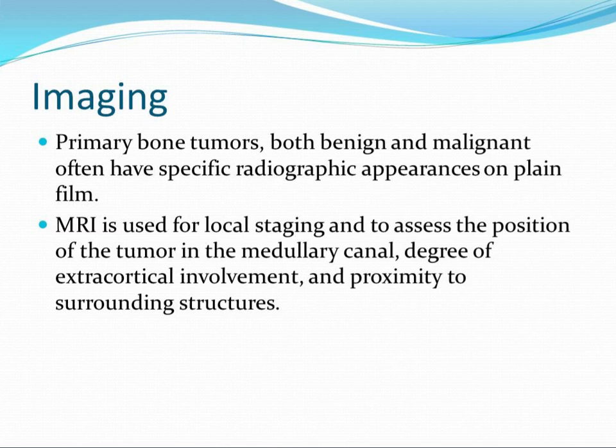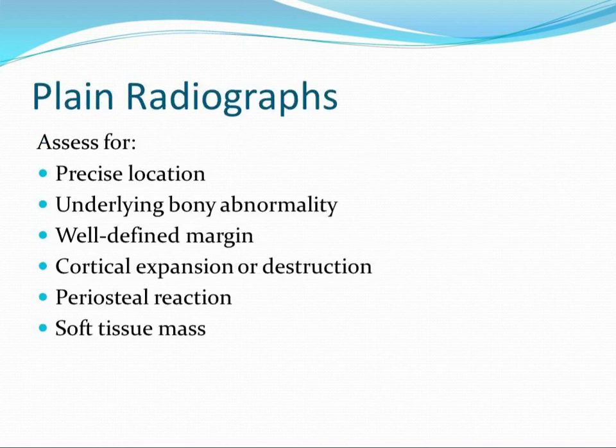Most tumors are visible in X-rays broadly, and if necessary we go for an MRI scan, which is used for local staging of the tumor and to assess the position of the tumor in the medullary canal, the degree of cortical involvement, cortical break, and involvement of nearby structures like soft tissues and blood vessels.